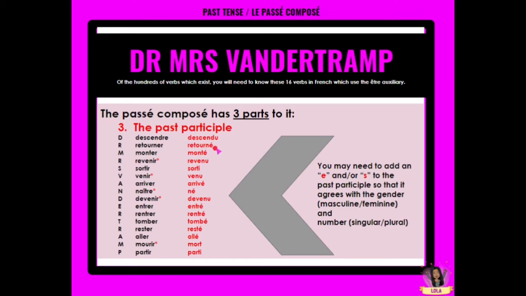But because I'm a girl, I would add an extra E here. And if it was a bunch of girls and myself returning from a trip, then we would say, nous sommes retournées. We would add the E because we're all girls, and then an S because it's plural. So we'll go through some examples coming up.